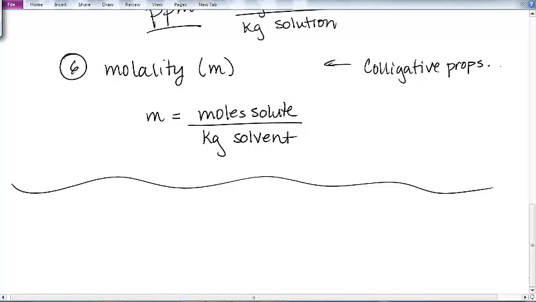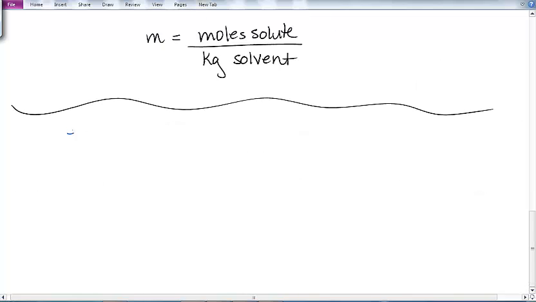What is going to be sometimes more handy is sometimes you're given a concentration in one unit and you're not interested in that unit. So you want to find a new unit of concentration. So I'm going to do an example problem with you.